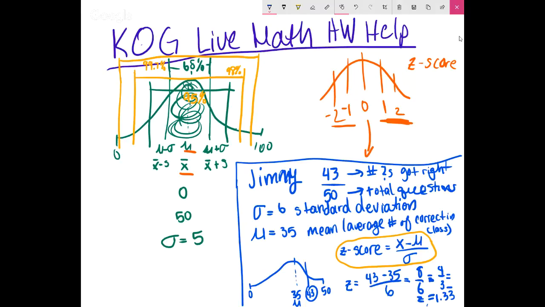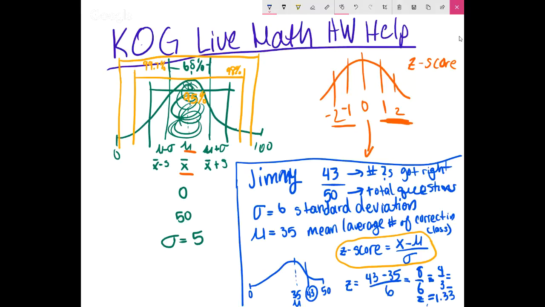Mara, this is for you. I'm going to do one more, then we out. And remember we said that the z-score would be positive if it was above the mean. Well, the mean is 0 on our z-score scale.